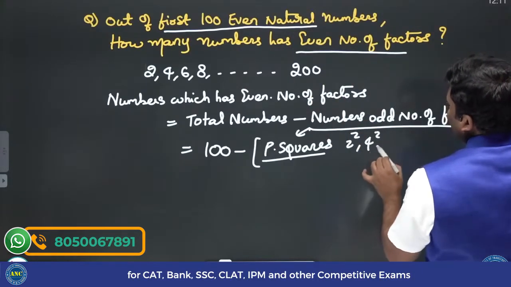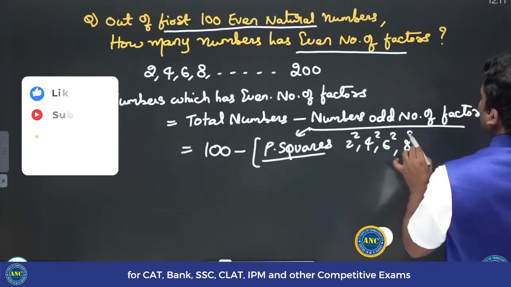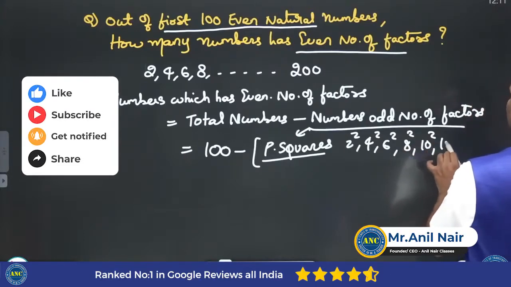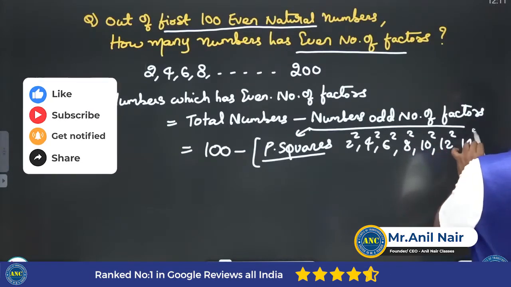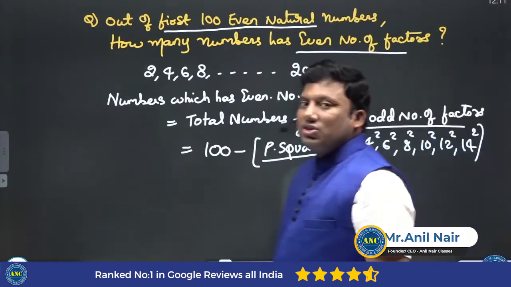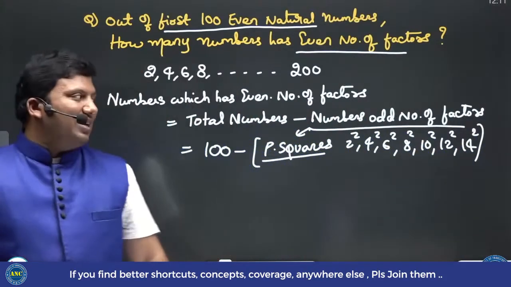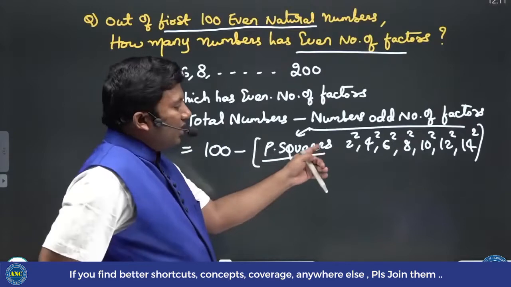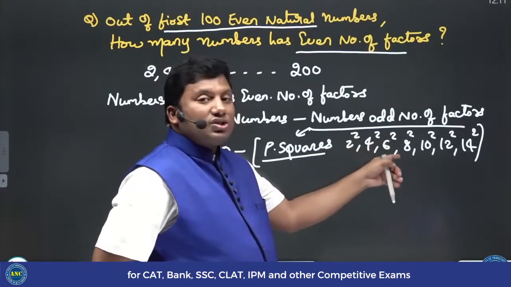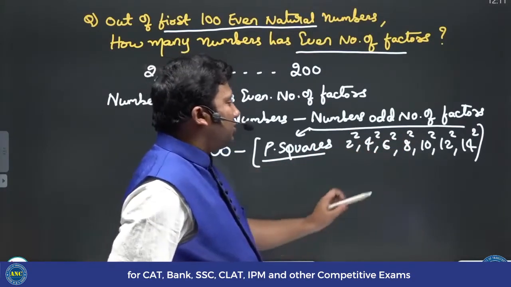4 square, 6 square, 8 square, 10 square, 12 square, 14 square. You cannot take 16 square, as 16 square is 256. So 2 square, 4 square, 6 square, 8 square, 10 square, 12 square, and 14 square.